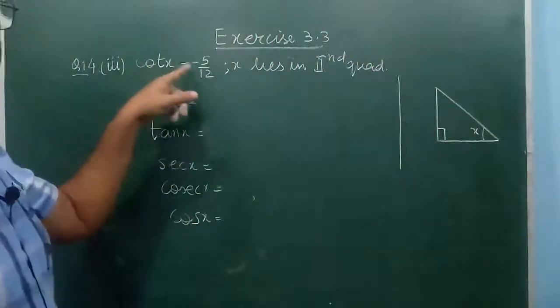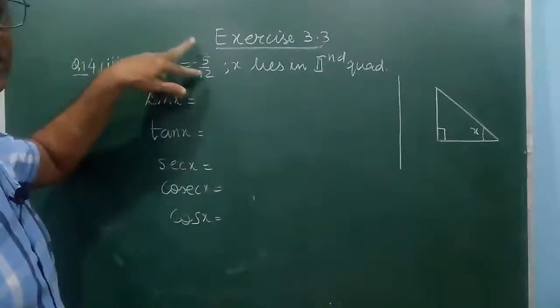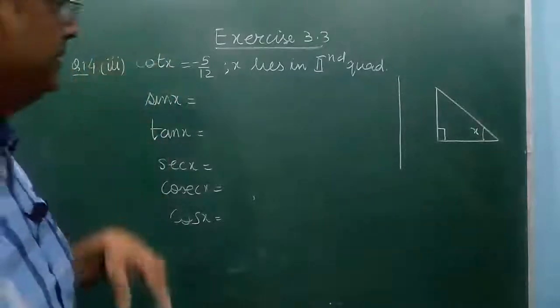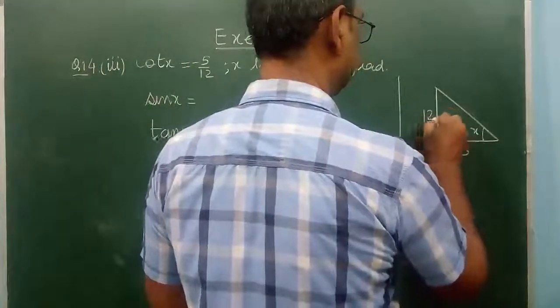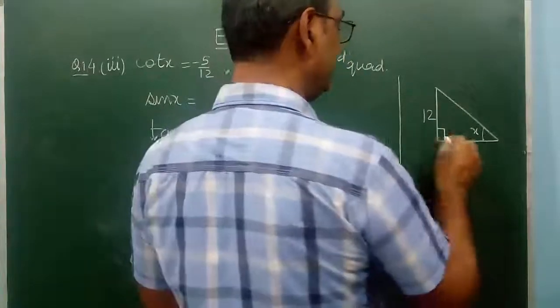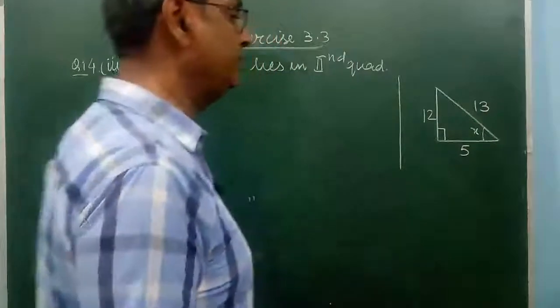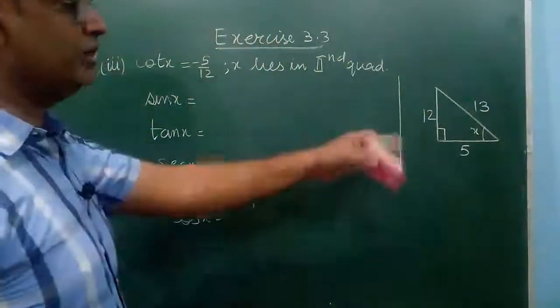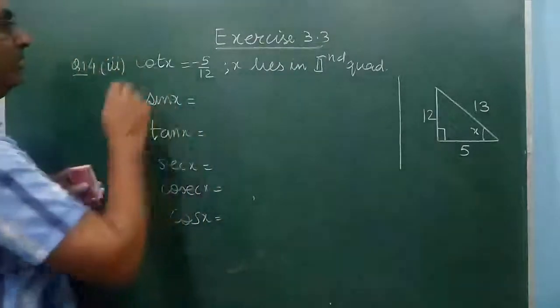Tan is perpendicular upon base, and cot is base upon perpendicular. Using the Pythagoras theorem, the hypotenuse comes out to be 13. This you have to do. So what is cot x?